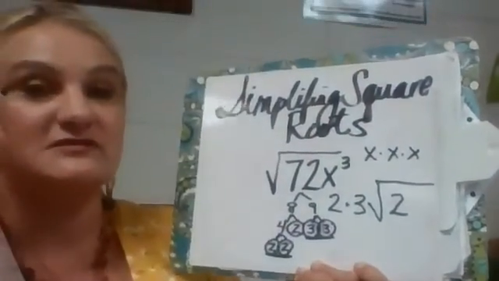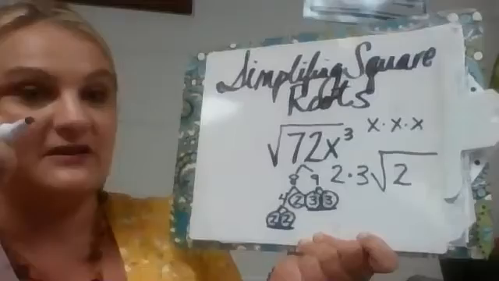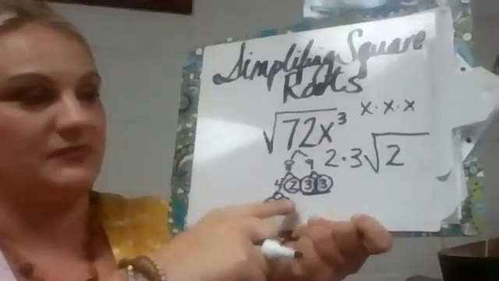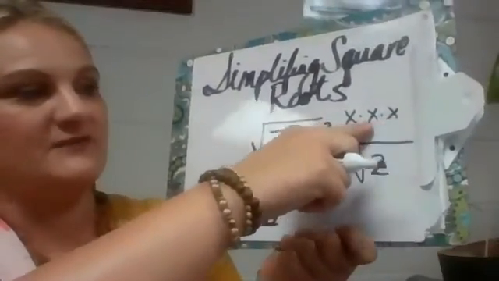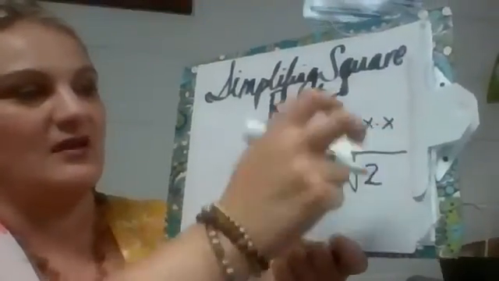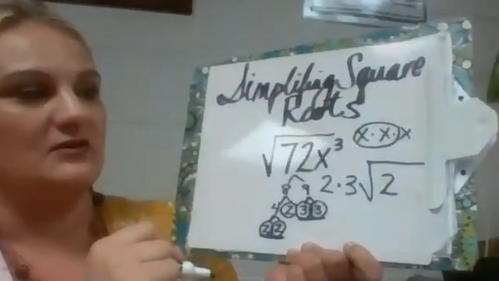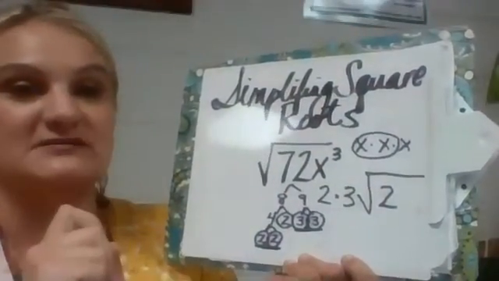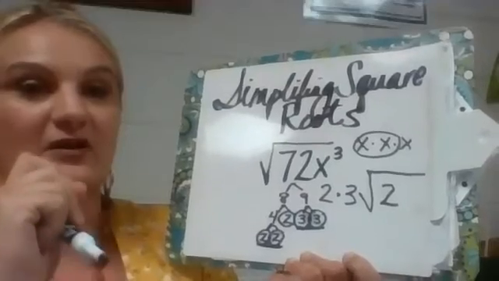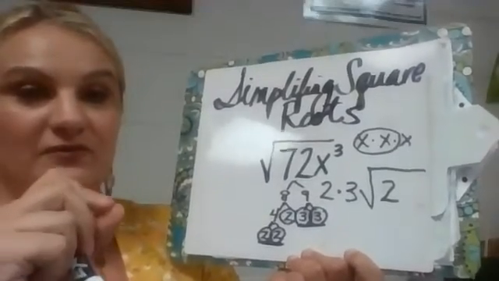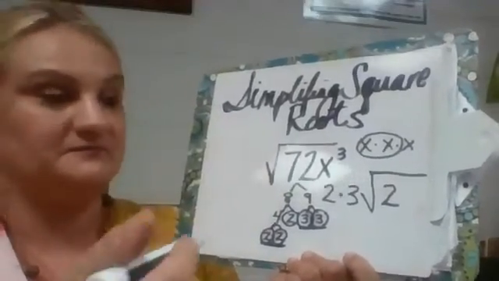And then I'm going to use the same thought process that I used down here. How many pairs of x's do I have? I have one pair of x's. So that one pair of x's gets to come out of the radical and go on a date.